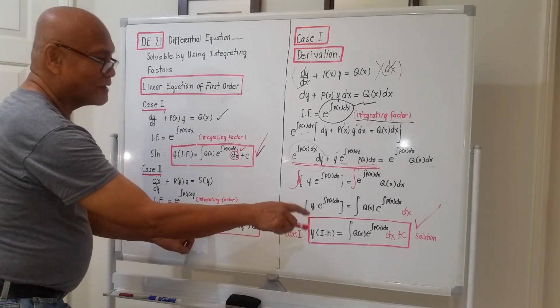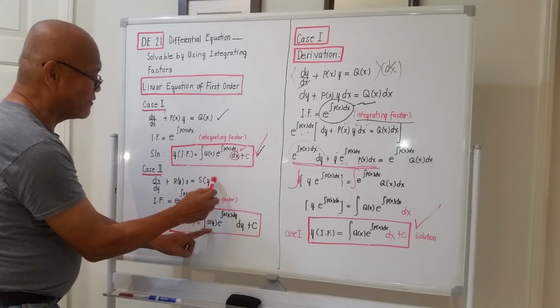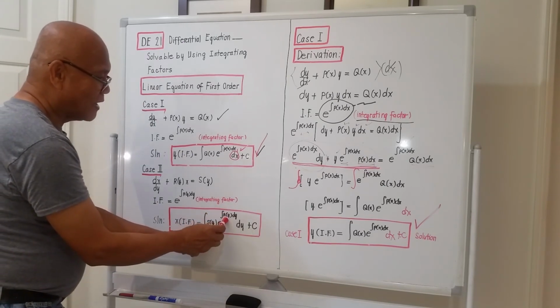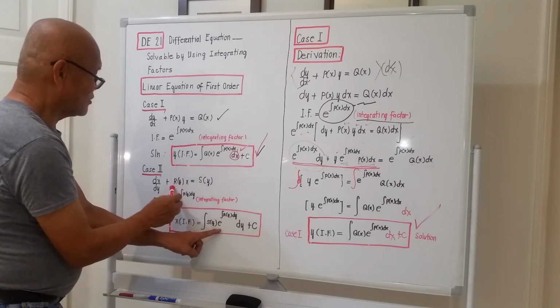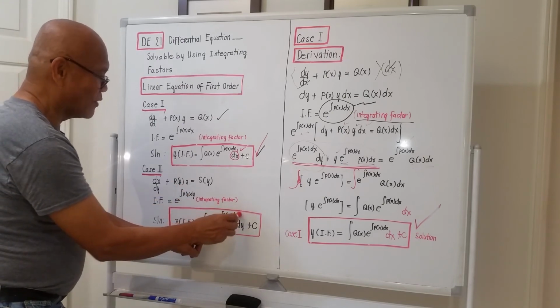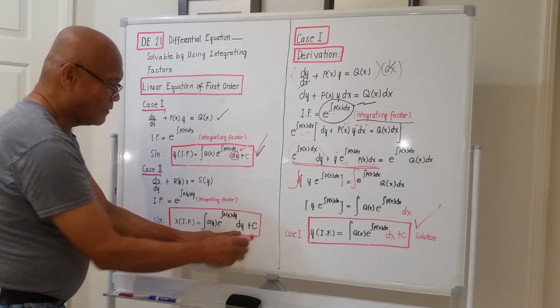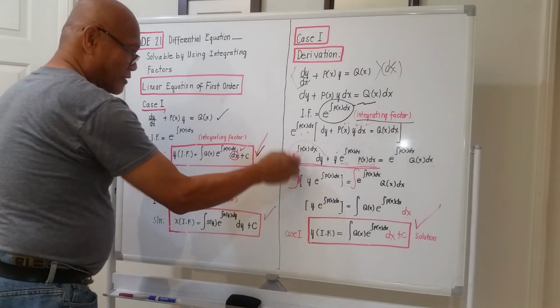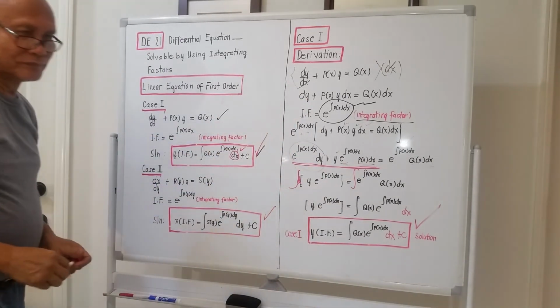We replace q of x by s of y because the given right-hand side is s of y. The solution is still the same; you just replace the variables.